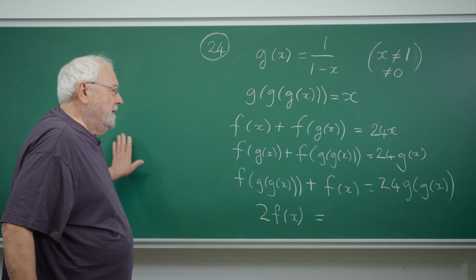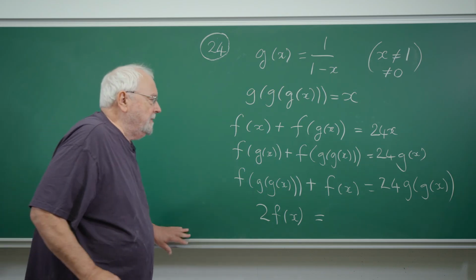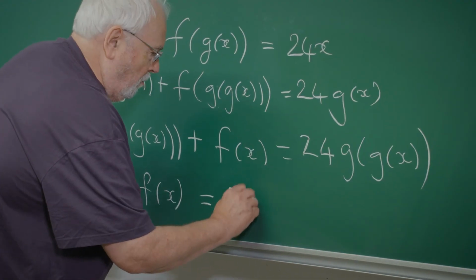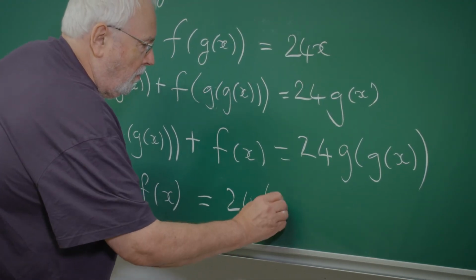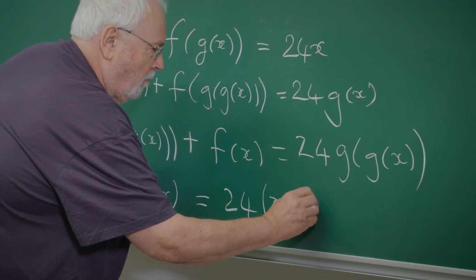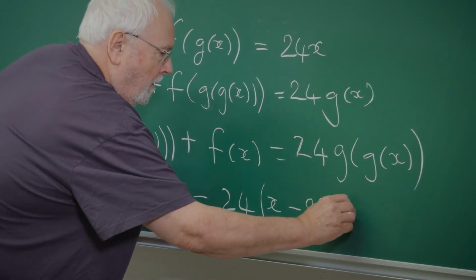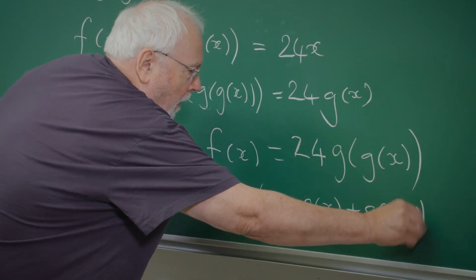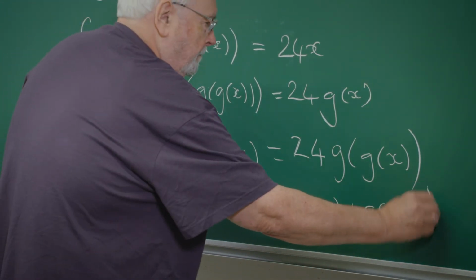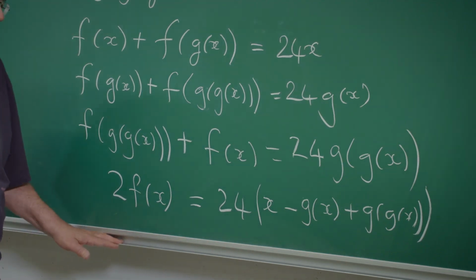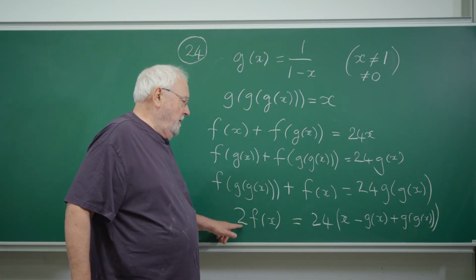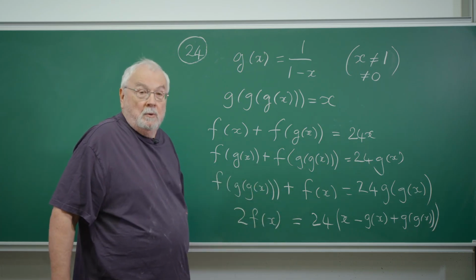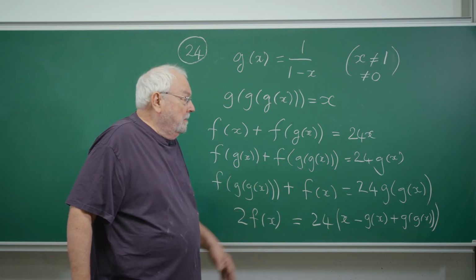On the right-hand side, you have to add up the first and the last term and subtract the second. And divide by 2, f of x is 12 times that formula. But you know what g of x is, so you've done it.